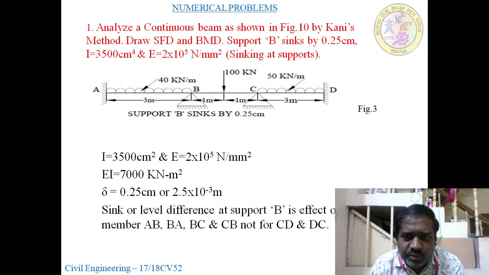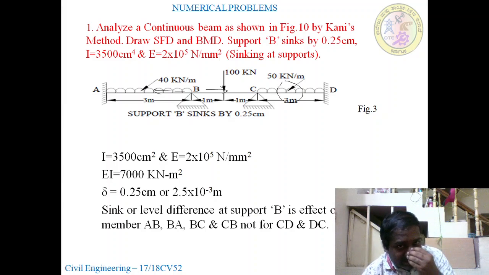Sinking at support problem. So here only the sinking at B. Sinking at B will affect the BA span as well as the BC span. So there is no effect to the CD here.